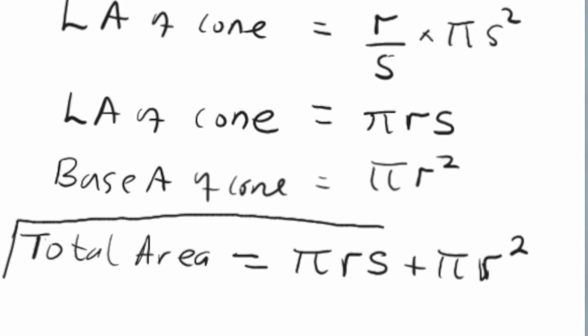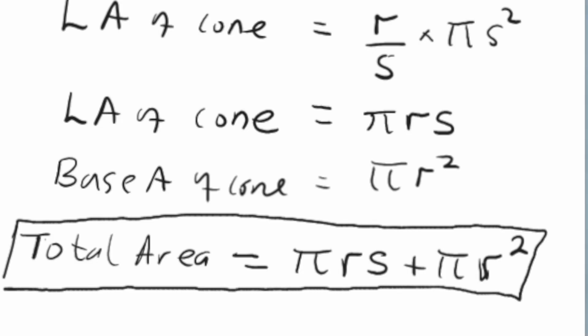So that is how to get the formula for the area of a cone. I know this is too much, but take your time, look at it over and over, and then you get it. But at the end, this is what we are looking at.